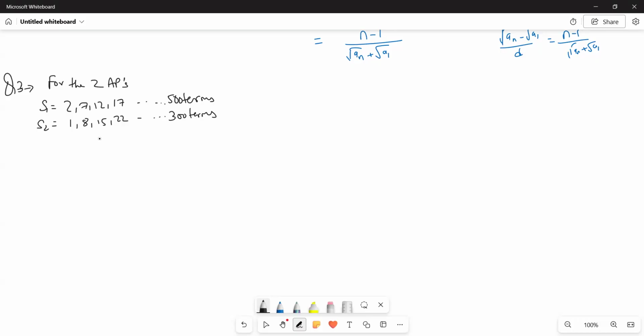For the two APs, find the number of common terms in them. Find the number of common terms in the two.